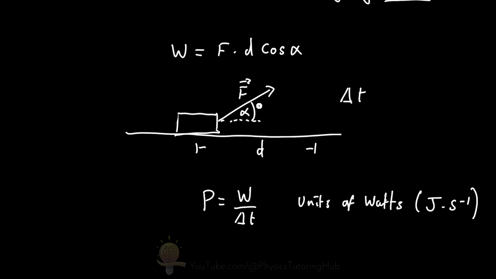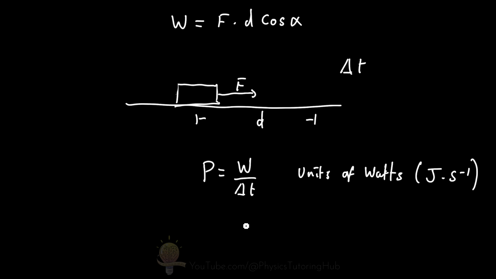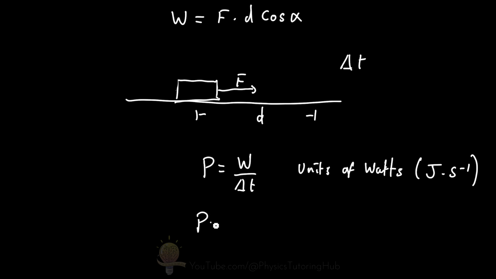But when our force acts in the same direction as the object's motion, as we looked at previously, then our power equation can be simplified to this. Power is equal to force multiplied by the distance the object moves divided by the time it takes for the object to move that distance.